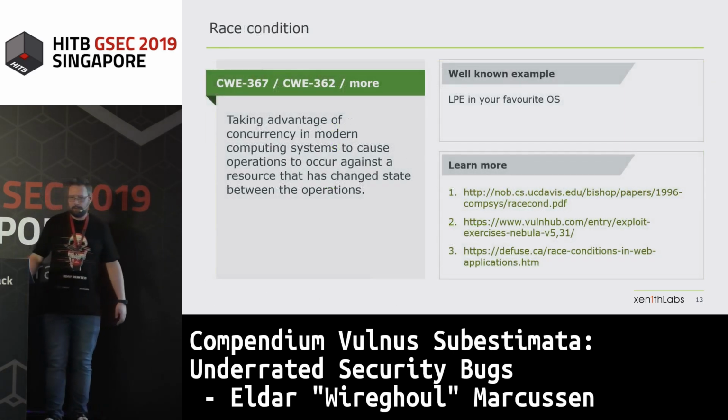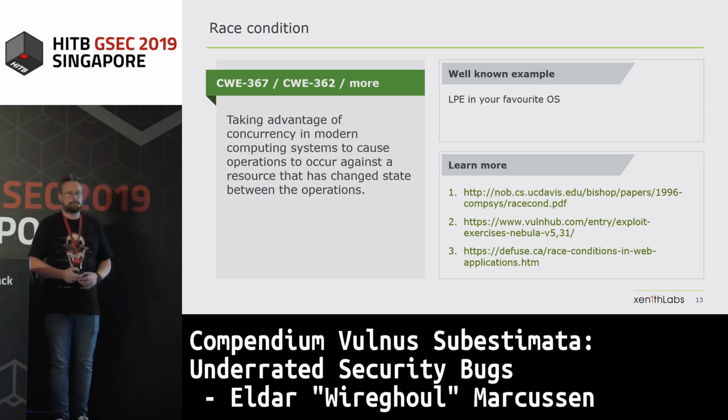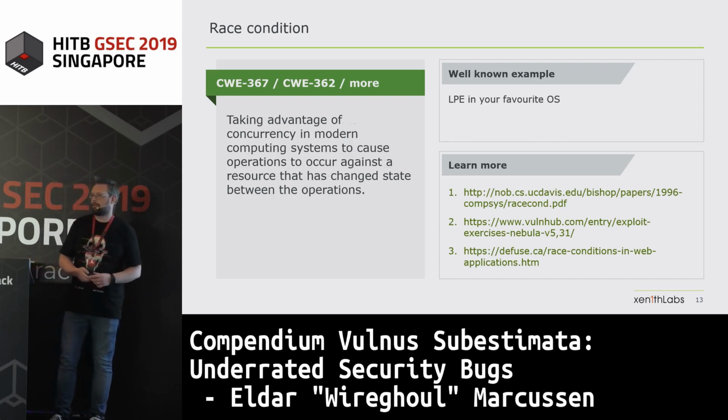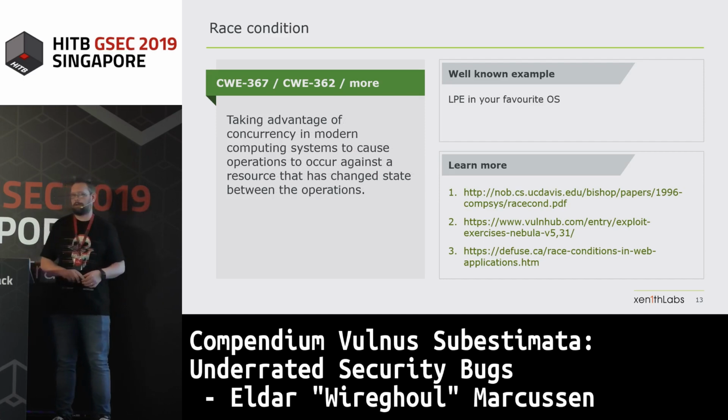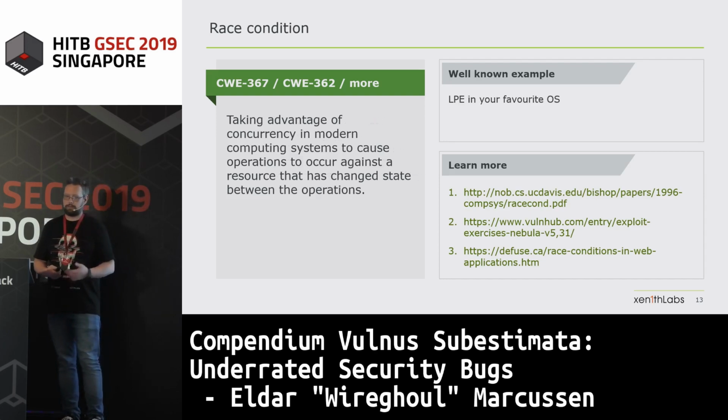All right, next one, race conditions. Race conditions have traditionally been a good method to get privilege escalation within operating systems. There are a few examples on Windows, a bunch on Mac, and way more for Linux. There are also some for Android and iOS.